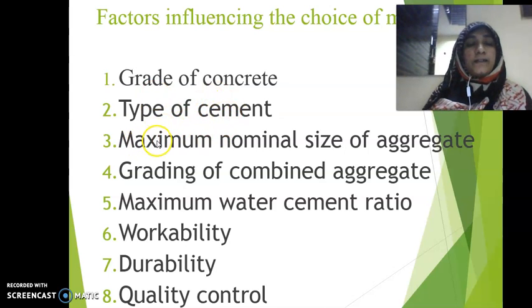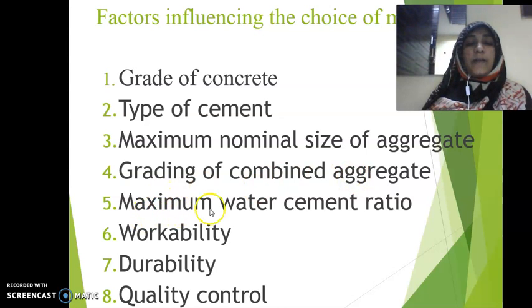Then next factor, maximum nominal size of aggregate. Maximum nominal size of aggregate also affects the mix design. Various sizes of aggregate are available. Therefore, the selection of aggregate is also very important for the mix design. Then next factor, grading of combined aggregate.